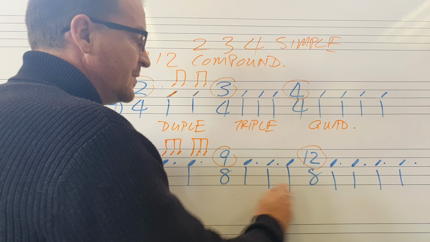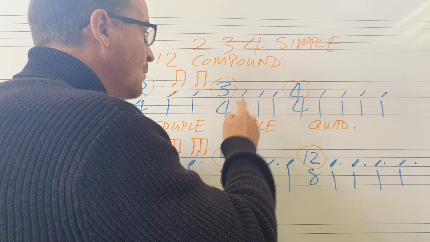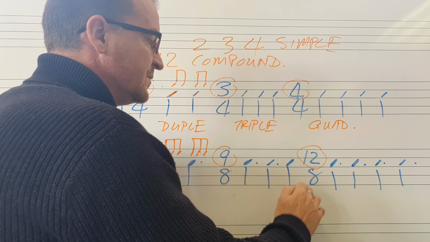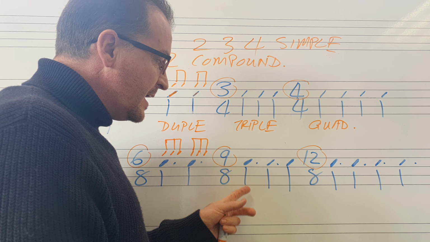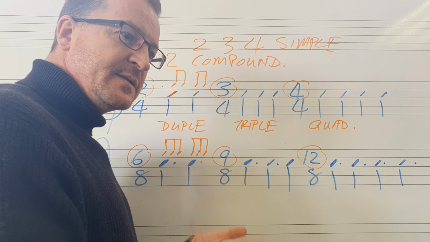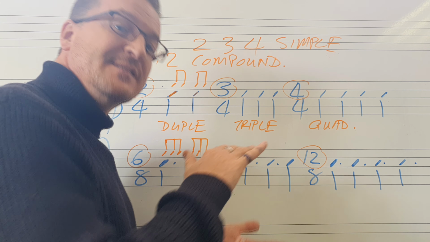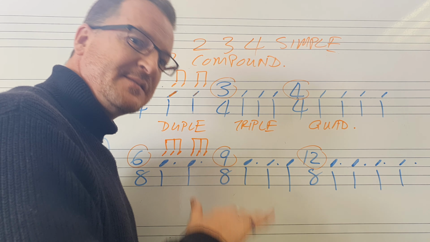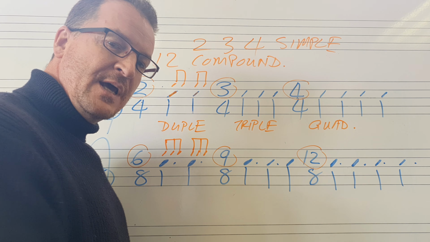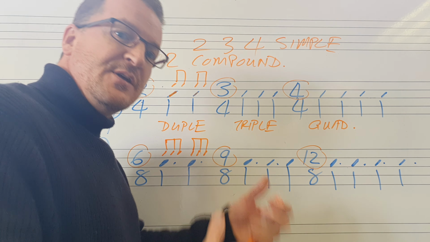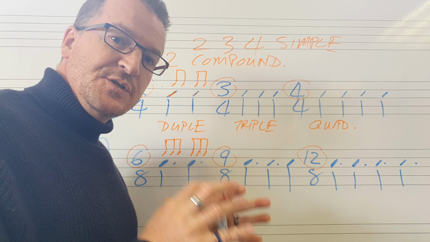And here, 1, 2, 3, 1, 2, 3. Sorry, I'm doing it a bit fast. But subliminally, under the beat, you've got a different feel in compound. So you can see how subliminally underneath that beat that you feel, the subdivisions are different, and that is the main difference.